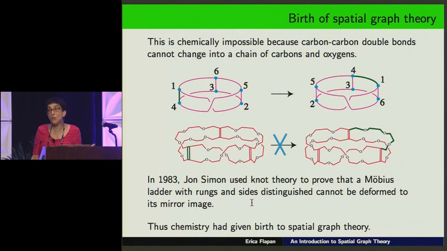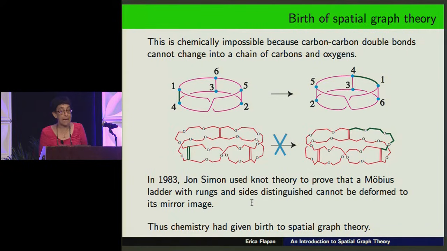So even though I've shown you that there is a deformation from the Mobius ladder to its mirror image, which couldn't be there in the Mobius strip, it doesn't mean that the molecule is the same as its mirror image. So this sort of leaves us back where we started, with the question of, is it true that the molecule can change into its mirror image, even assuming it's completely flexible?